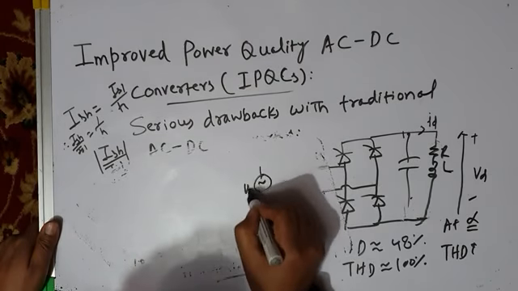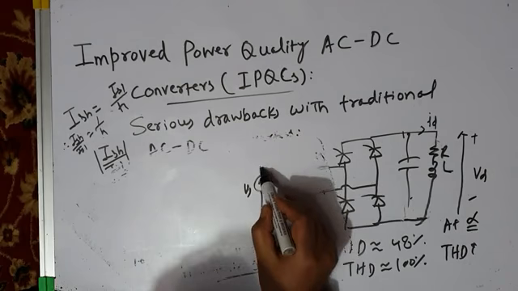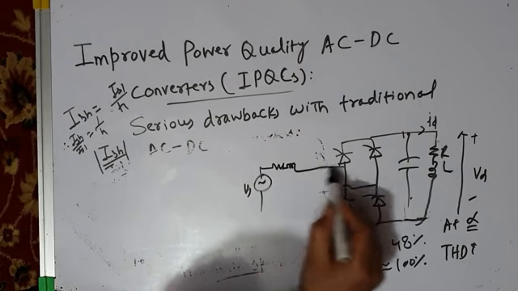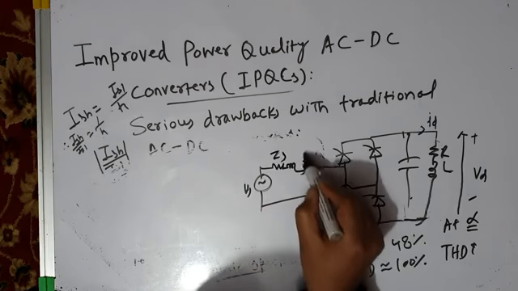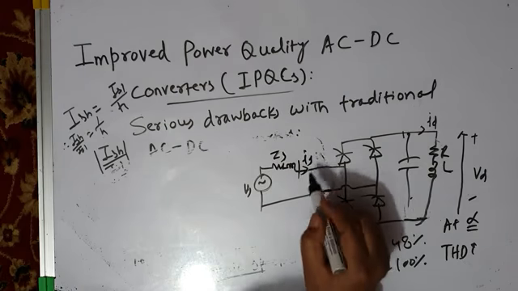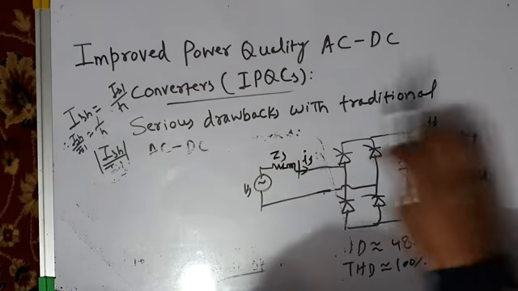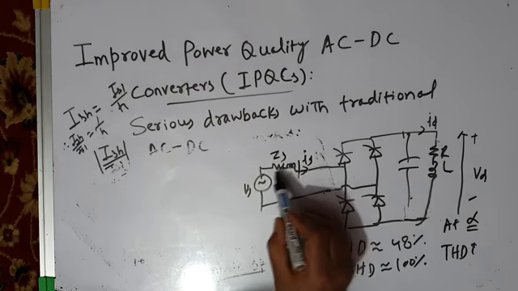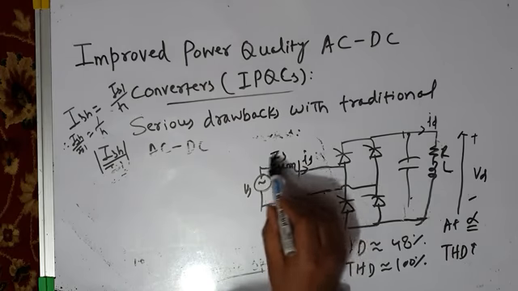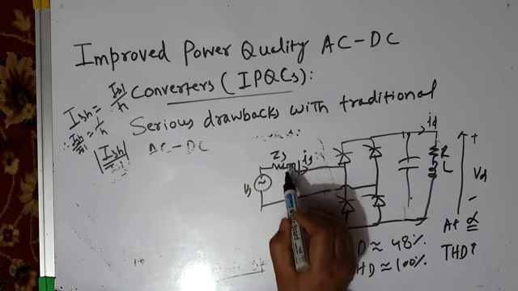This is the source voltage, which is the grid voltage, which is purely sinusoidal. This is the grid feeder impedance, ZS. And when a highly distorted source current is flowing, drawn by the AC to DC converter, it causes distorted voltage drops, harmonic voltage drops, through this feeder impedance.